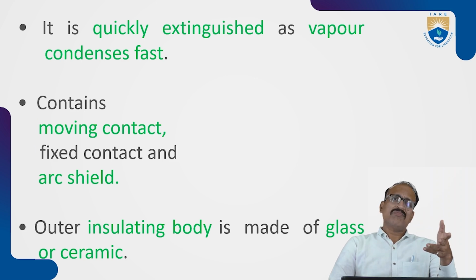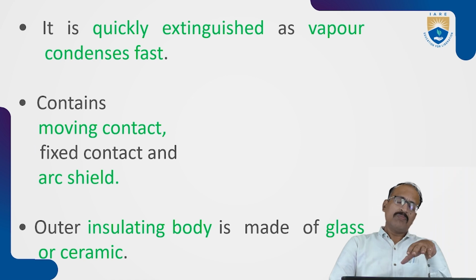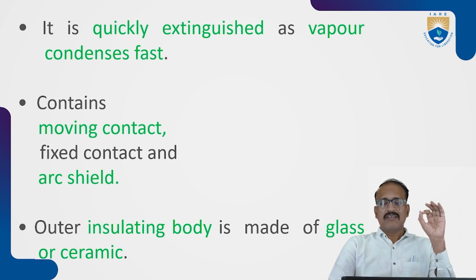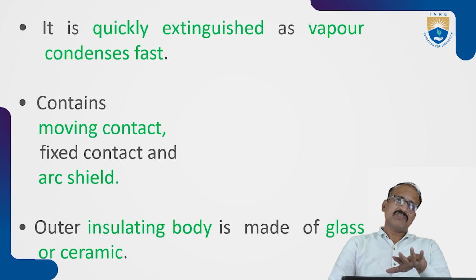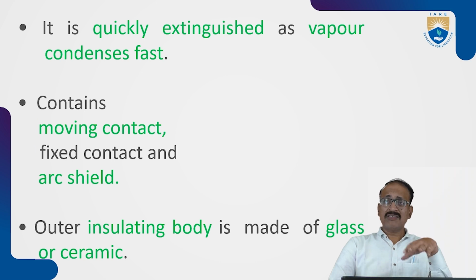So then why do we go for the vacuum? Even though we are unable to stop it completely, this is still the best. Because even though the arc is struck here, it extinguishes very fast, very quickly, because the vapor generally condenses fast.